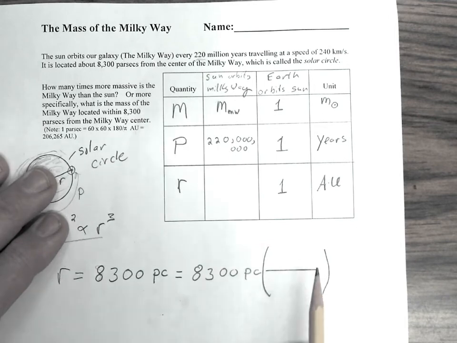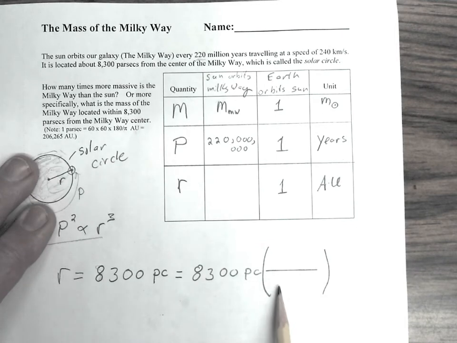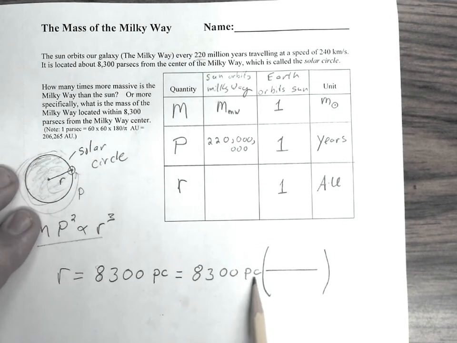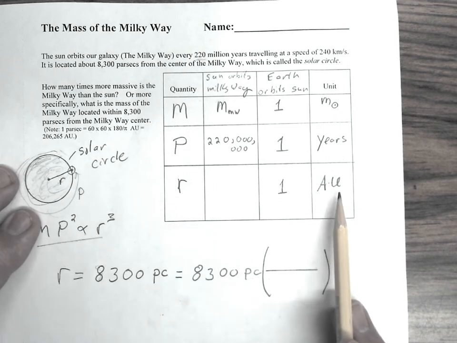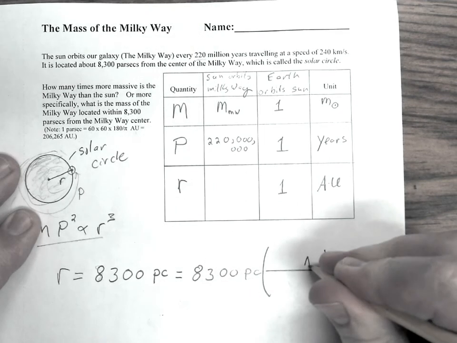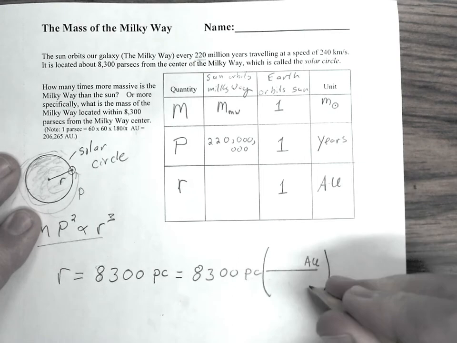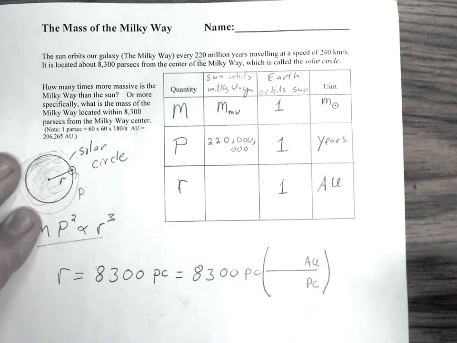We want to get rid of our parsecs, and we want to end up with astronomical units. So we want something in AUs here and parsecs here, but we need to have the same physical quantity on the top as the bottom.